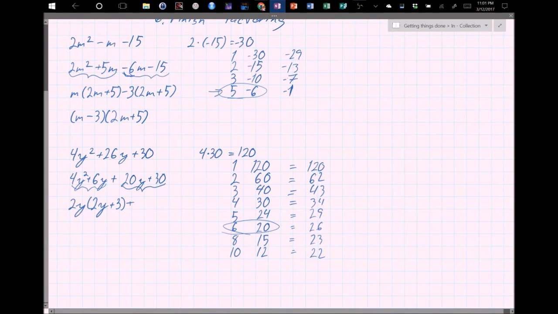Going to factor out a 10 over here, which leaves me with a 2y plus 3. Okay, so now if I look at it, I can factor out a 2y plus 10 from each of these terms, and I get my 2y plus 3, and I am done factoring that more complicated equation.